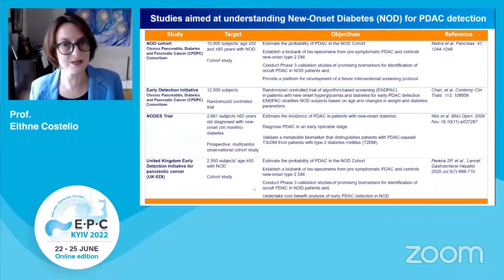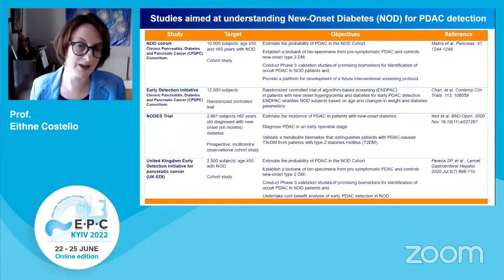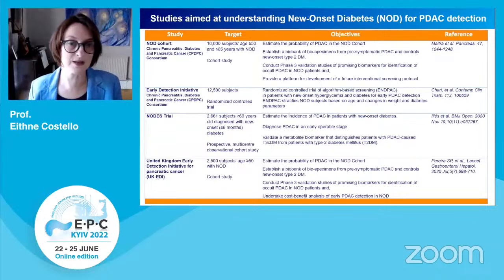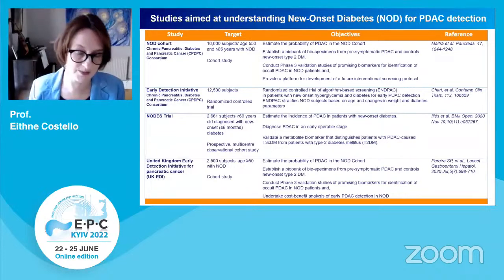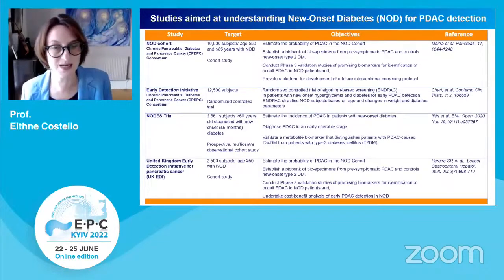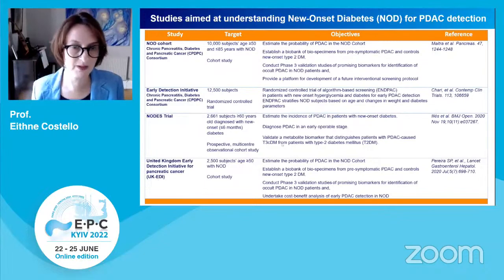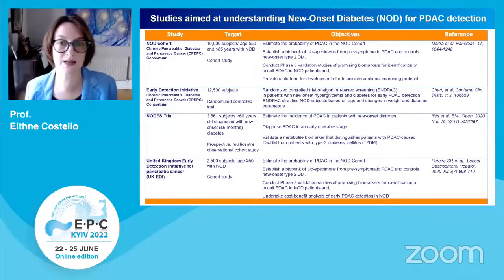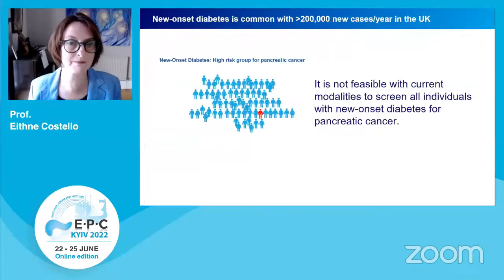So these are cohort studies designed at generating resources, in terms of biobanks of samples, and also information and clinical data on individuals, all aimed at understanding better the probability of pancreatic cancer in this cohort and how it might be possible to intervene and detect the disease earlier.